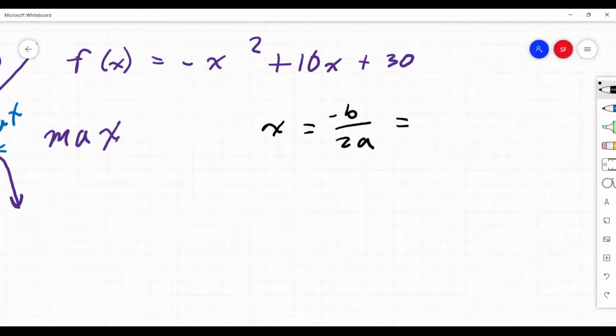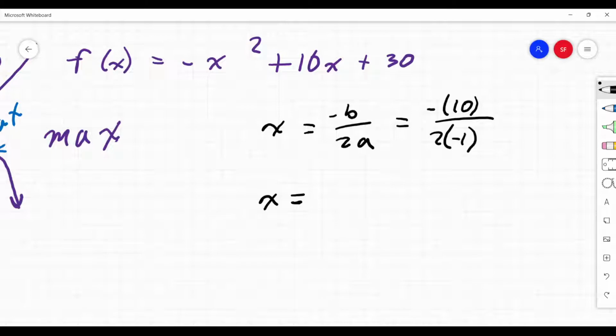So what is b in this problem? A is negative 1. B is 10. So the x part, which is not actually what we're solving for, but we have to have this first, right, is negative 10 divided by 2 times negative 1. So it's what? Positive, not 10. 5, because 10 divided by 2. 5. Right?